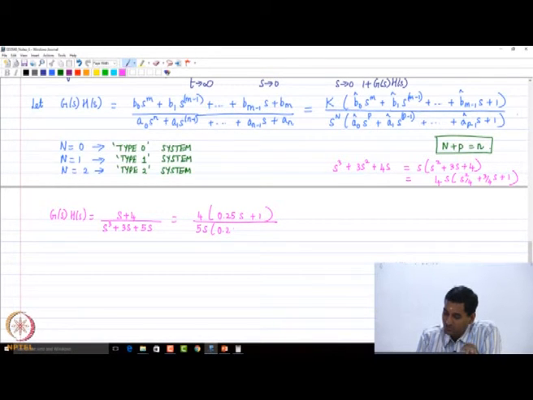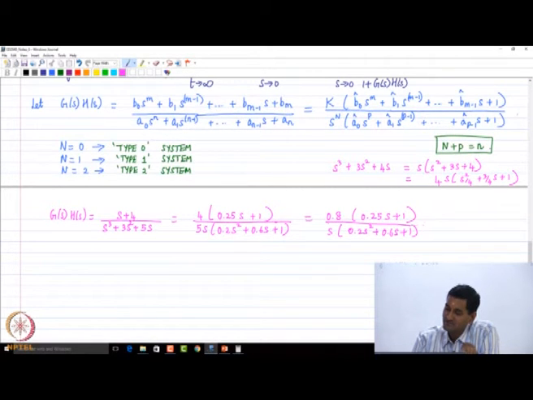I get 0.2 s squared plus 3 by 5, which is 0.6s, plus 1. So what I have is 0.8 times 0.25s plus 1, divided by 0.2 times s times 0.2 s squared plus 0.6s plus 1. That's how I rewrite this polynomial.